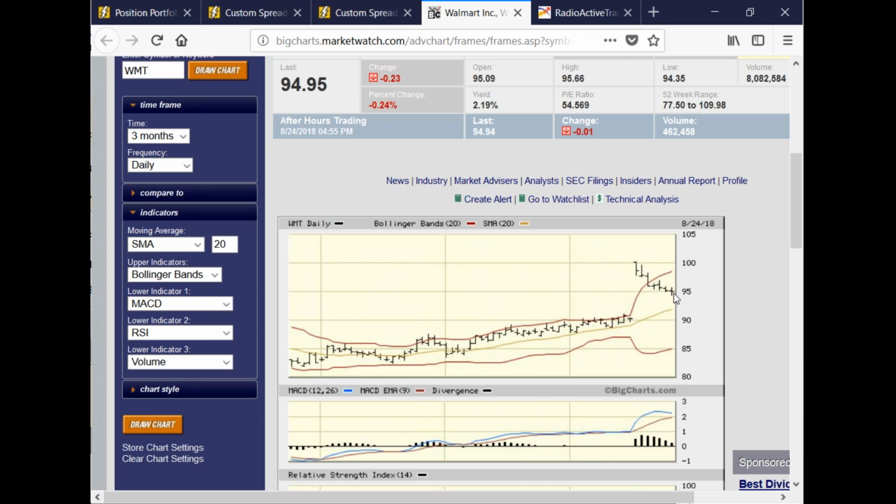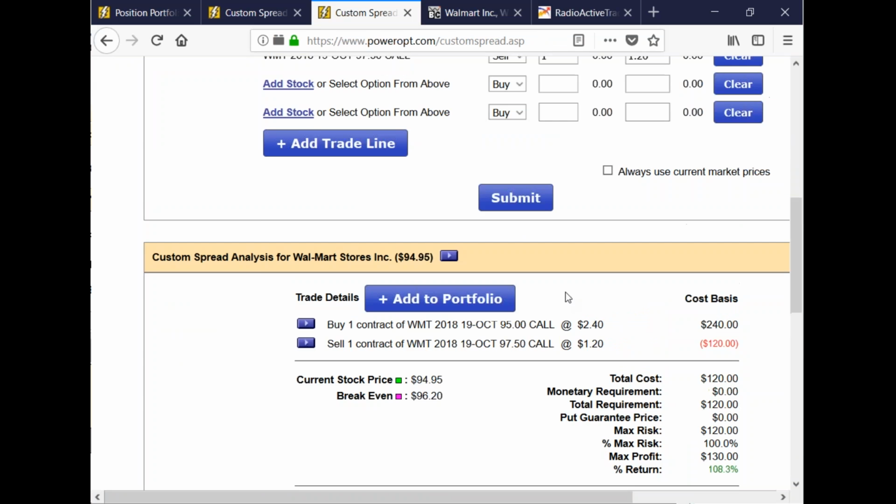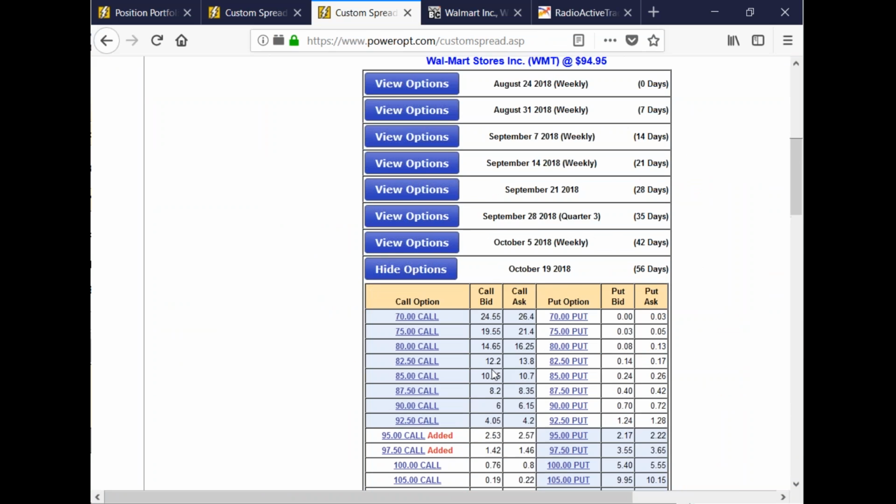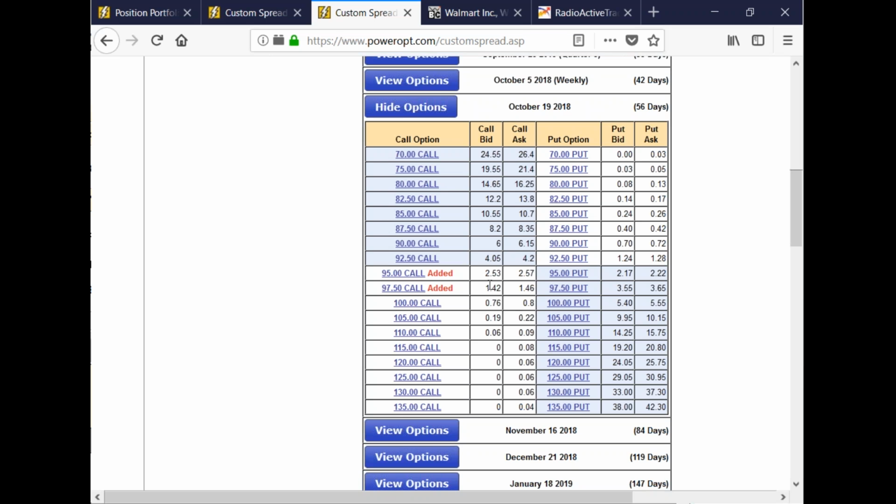If you have turned bearish, as we could see now, your debit was 120. If you've turned bearish and you don't think this is a good play going forward, look at it right now. You could sell to close your 95 call for about 255. Buy to close your 97.5 call for 144.